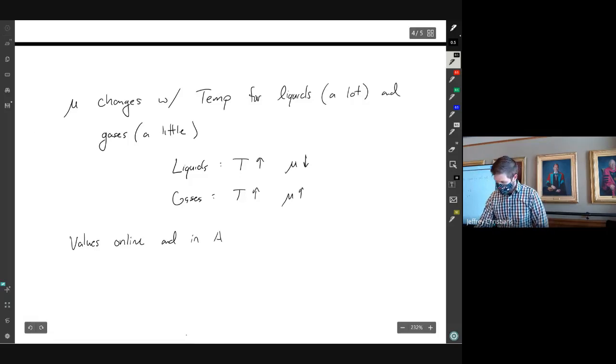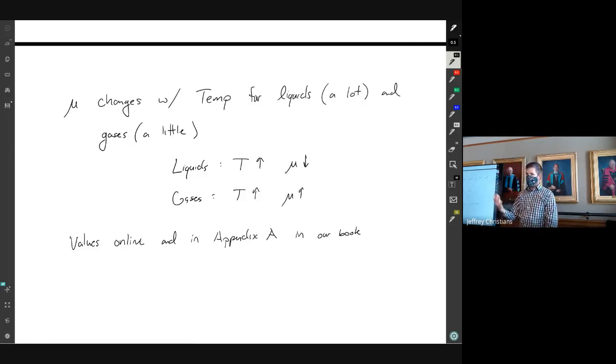So Appendix A in our book. There are also problems in this class where I'll just give you the value or tell you to look it up in a specific table or something like that. Temperature matters a lot.